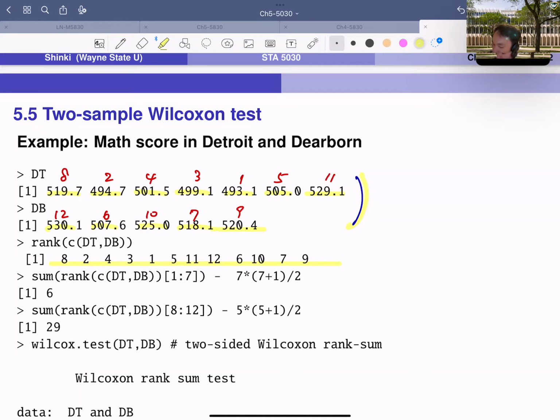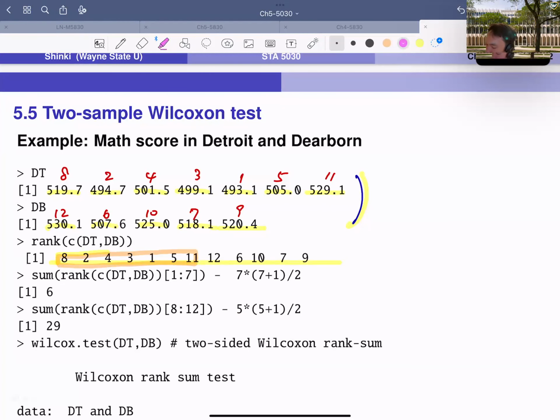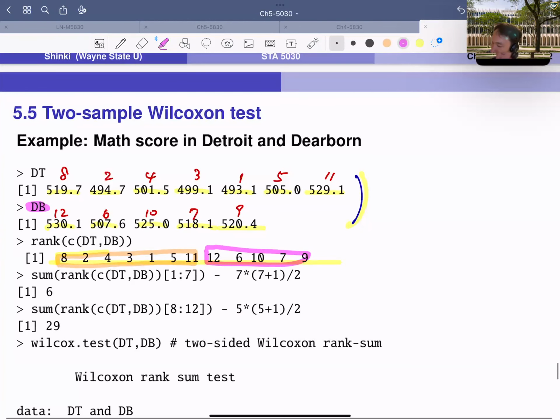Then we consider the total rank of these 7, the Detroit schools, and these 5, the Dearborn schools. Even if the distribution is unknown, we can tell which district has a lower or higher score.